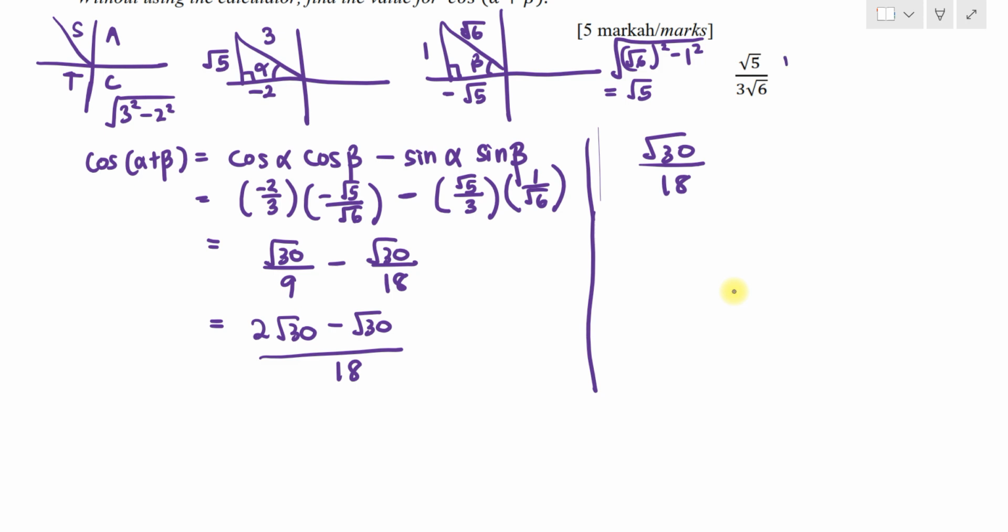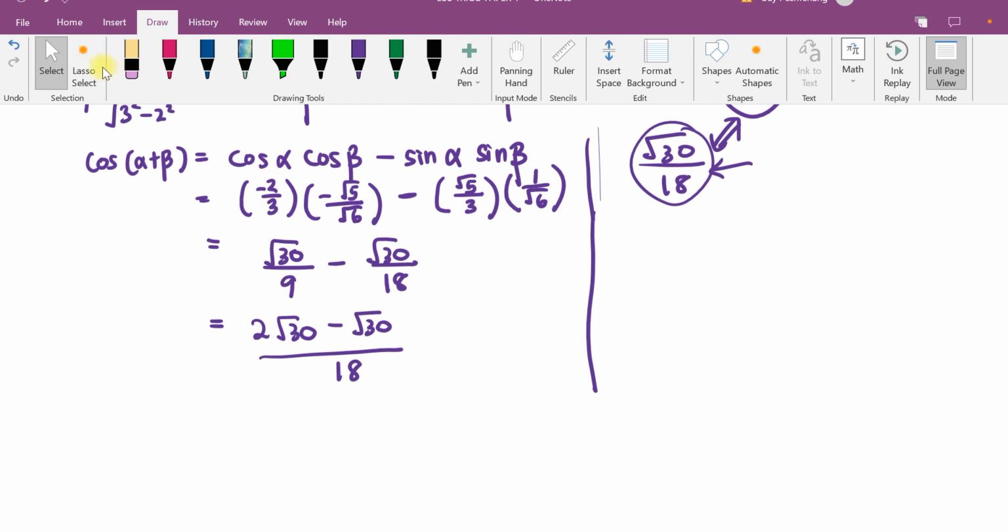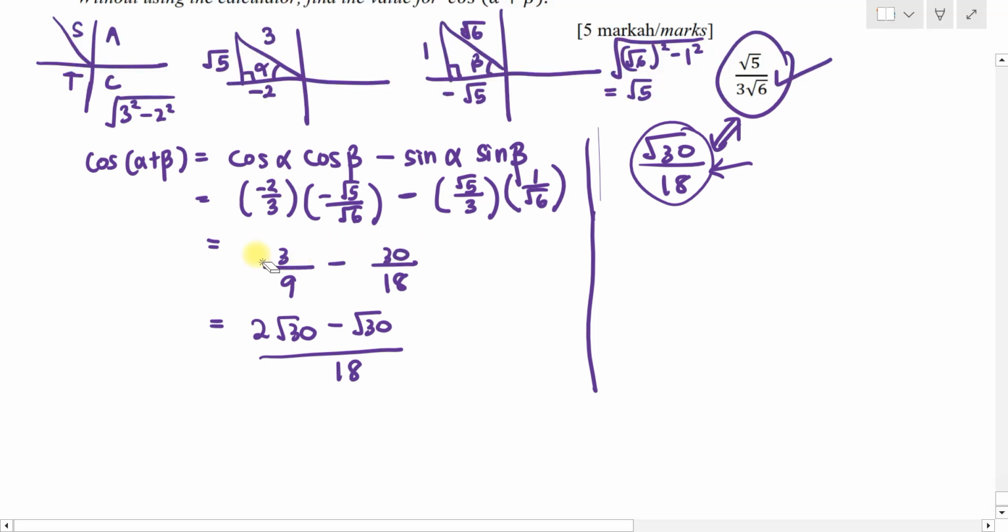I'm not getting the answer like this, but when I put the answer as square root 5 over 3 square root 6, it means the same. Why didn't I get this form? Because this form you can only get through your calculator. You didn't solve it manually. If you solve it manually without the calculator, then we can get this value. So I always recommend you do not use the calculator straight away.